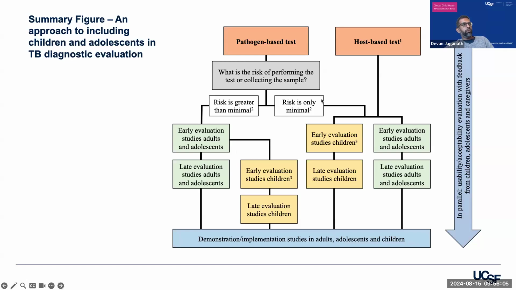However, if it's minimal, or if it's a host-based test, we should be doing testing in children in parallel to adults and adolescents, both early and late. And then the goal is that when you're looking at implementation studies, we can do that for all groups, regardless of their age. And throughout the process, we should be involving children, caregivers, adolescents, and their providers, in order to ensure that we're meeting their needs.